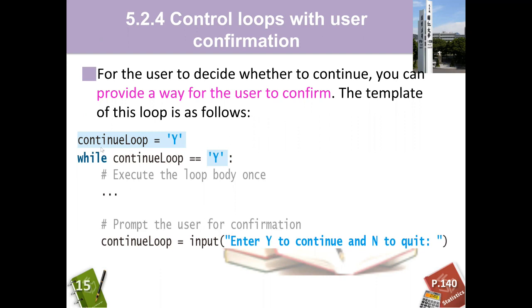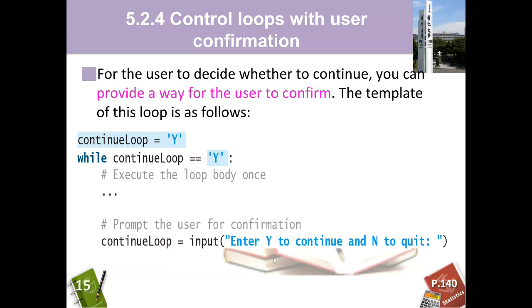For example, we can say the variable called continue loop as y is a string, right? So at the first time, it will always be true. So it means we will do that once. And after that, we will ask the user one more time, y to continue and n to quit.